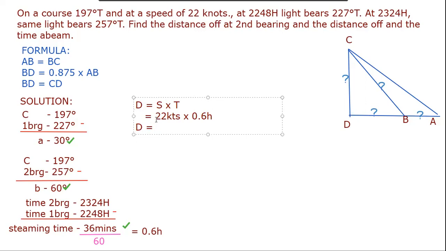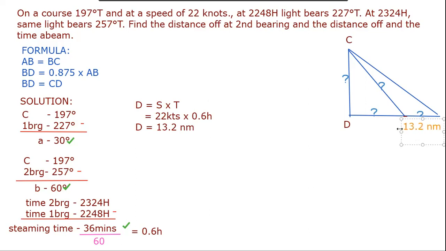Ang sagot dyan ay, tingnan natin sa calculator, 22 times 0.6 is 13.2 nautical miles. So, nangangahulugan na ang ating distance from A and B is 13.2 nautical miles.